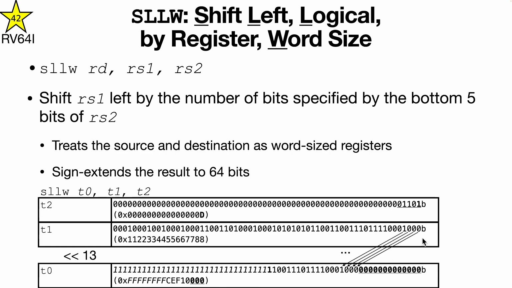So that's the way that this shift left logical with word size works. Treat it like it's 32-bit, but then when you're done, extend it up to a 64-bit value.